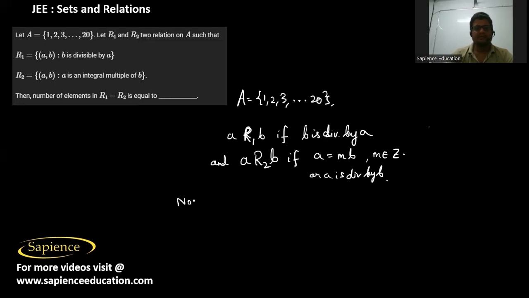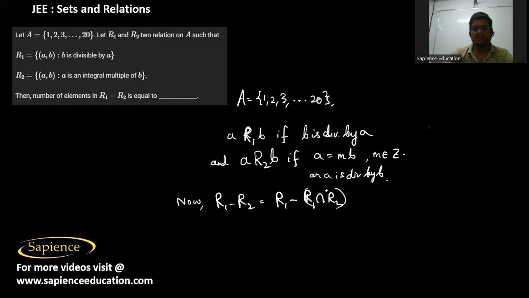So now the number of elements in R1 minus R2. R1 minus R2, it means from R1 we have to exclude those elements which are common to R1 and R2.